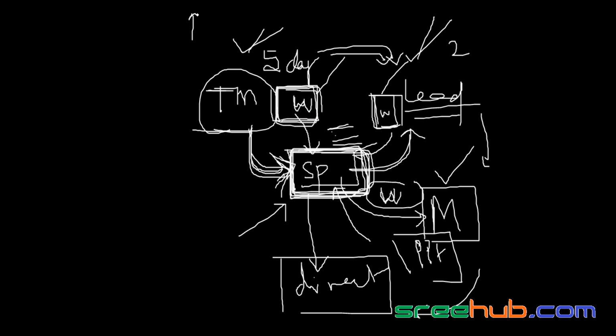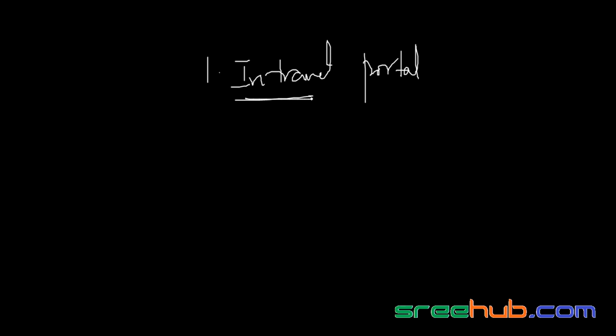Now with this, we can conclude some points, that it is generated for intranet portals. What is an intranet portal? Whenever I say intranet, it means the network which is created in the organization only, right? Let us say you have a travel website. Now this travel website can be accessed only within your company, and no one outside can access it.